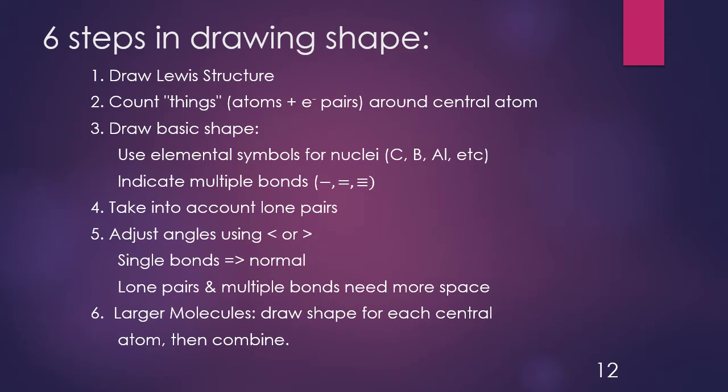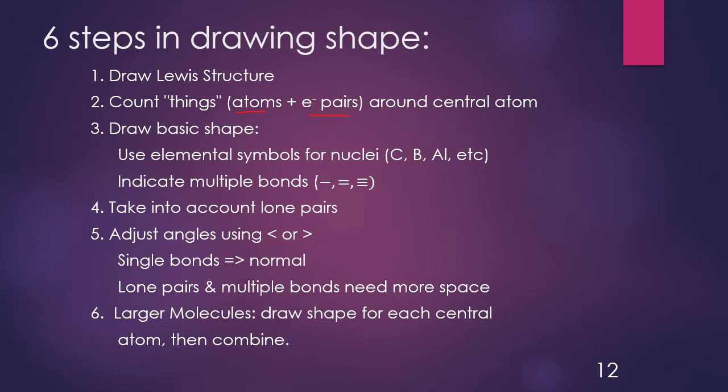Next, you count the things around the central atom. When I say things, atoms count as one thing, and electron pairs count as one thing. When I'm counting the atoms, it doesn't matter if it's a double bond, a single bond, or a triple bond. I'm just counting the atoms themselves, how many atoms are around the central atom, not how many bonds. Electron pairs also count as a thing. So if you have an electron pair around the central atom, that would also count.